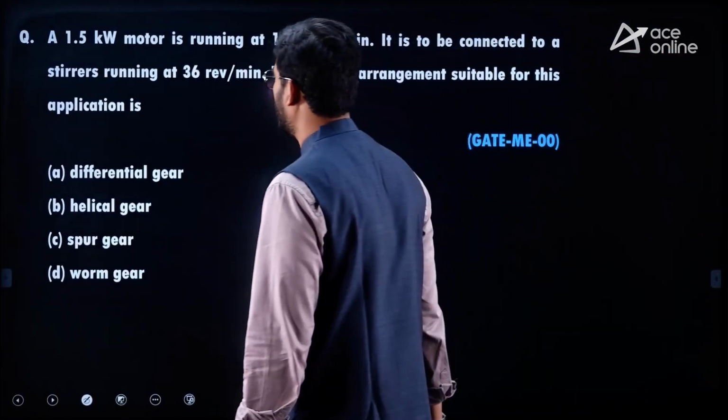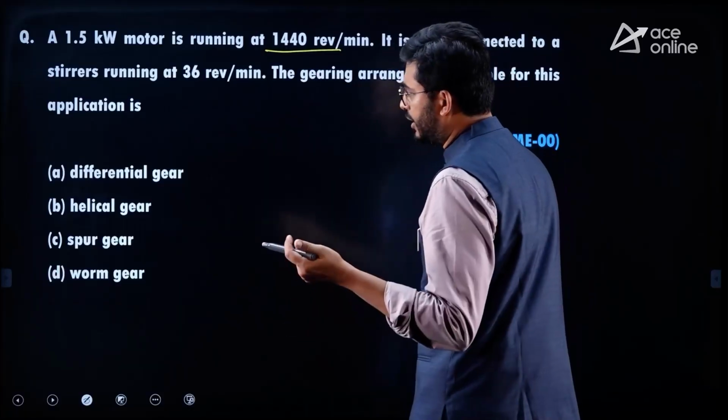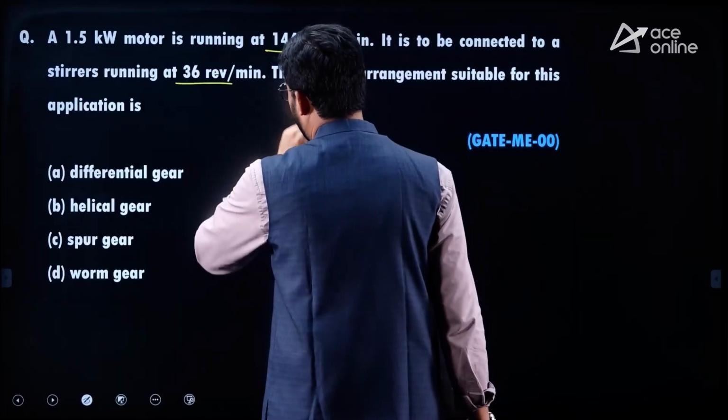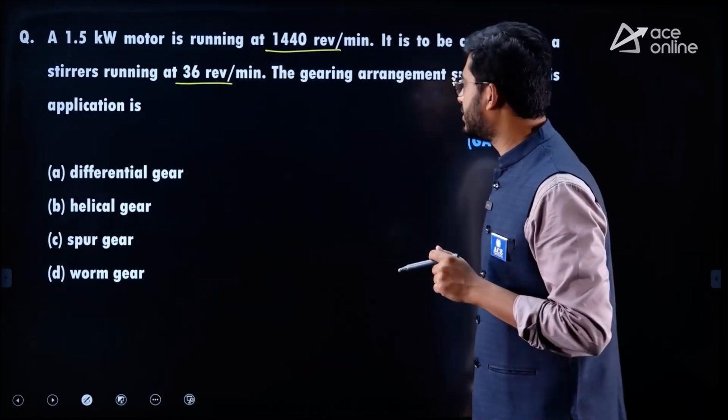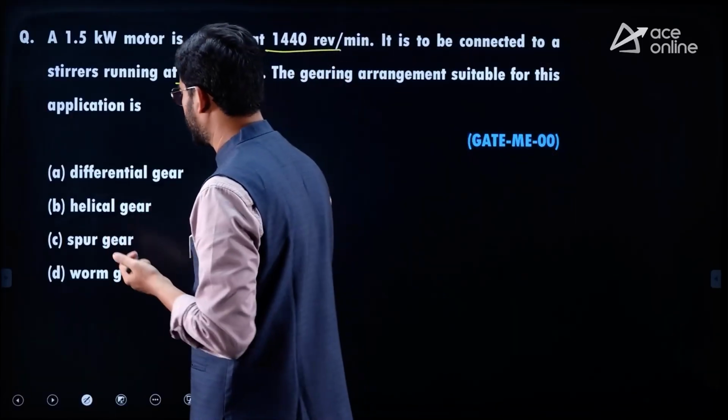A 1.5 kilowatt motor is running at a speed of 1440 rpm and it is to be connected to the stirrers, which are running at a speed of 36 revolutions per minute. The gearing arrangement for this application is dash.